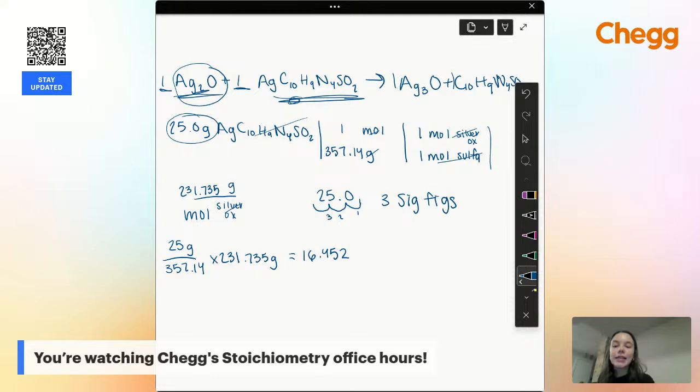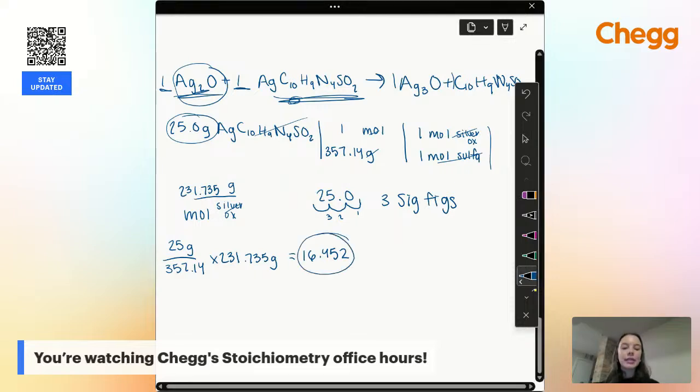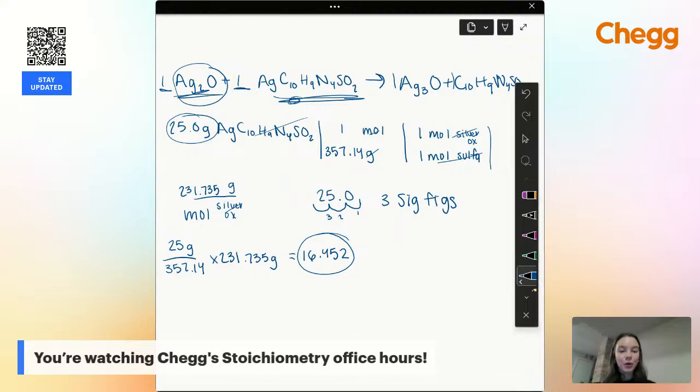So I go to my answer and I need 3 sig figs in that answer based on how many I started with. If I round my answer to 3 sig figs, anyone who knows, tell me what I would round that to.